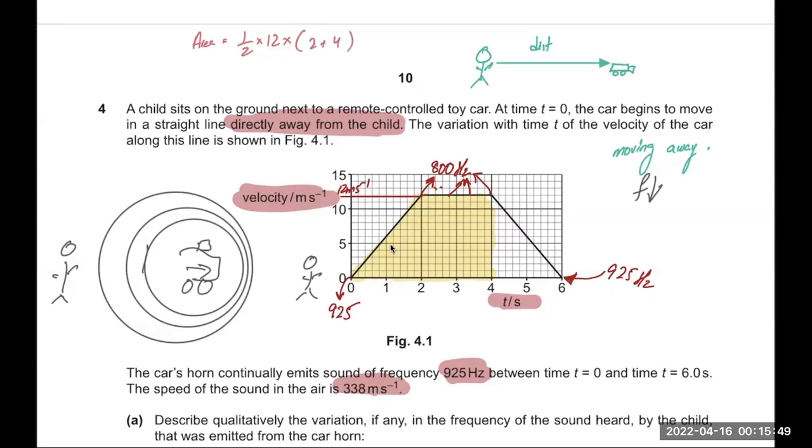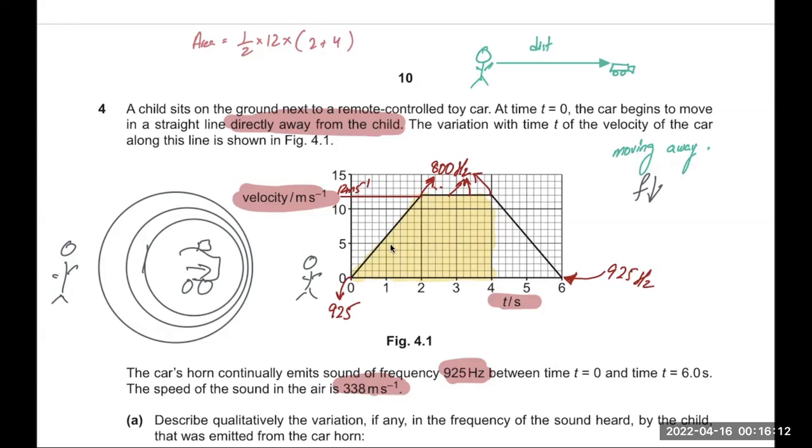So that's the total distance, and this is equal to 36 meters. This is how far apart the toy car is at t is equal to 4.